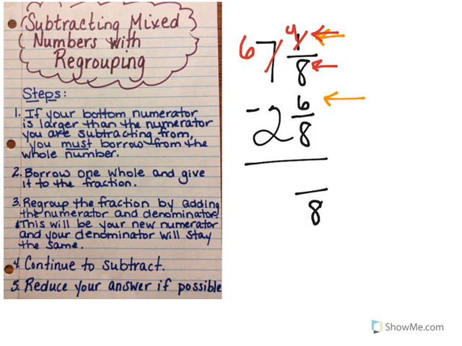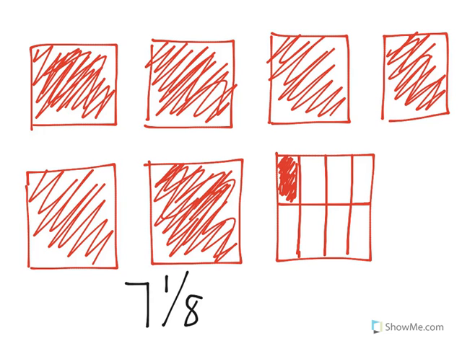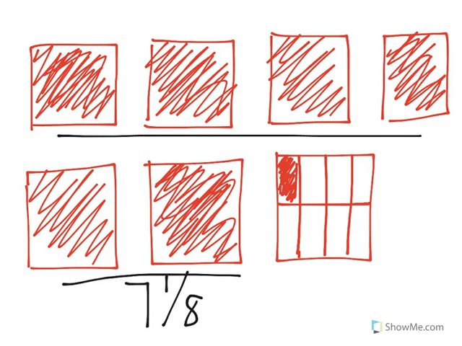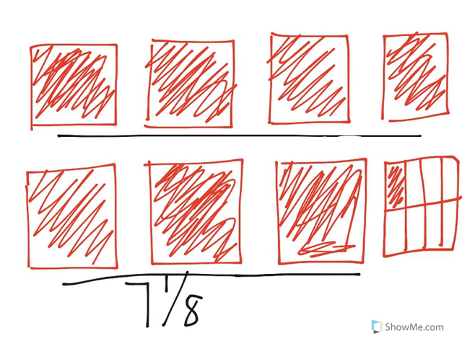Let's pause there for a moment and take a look at this. Okay, let's look at these little pictures here to help us understand what happened. We had 7 and 1/8, but we could not subtract in our problem because we couldn't take 6 away from 1. Now, I have here 7 whole things and 1/8.